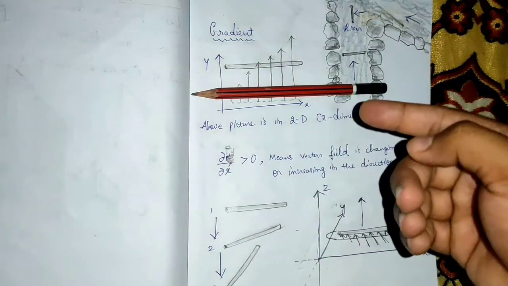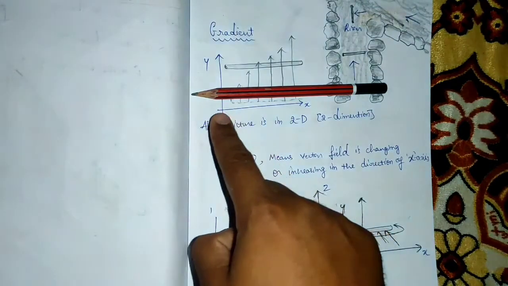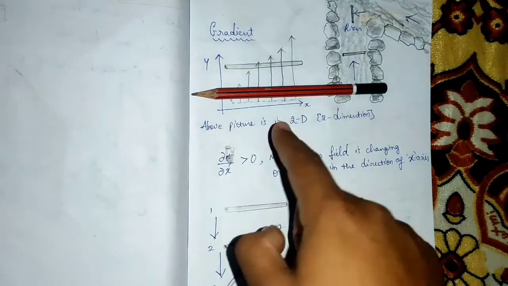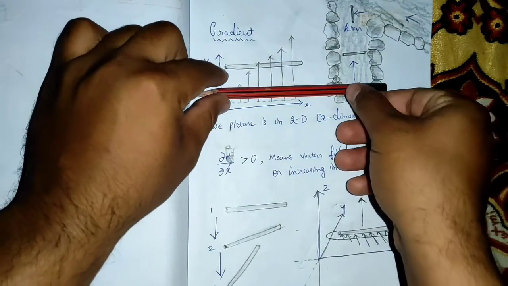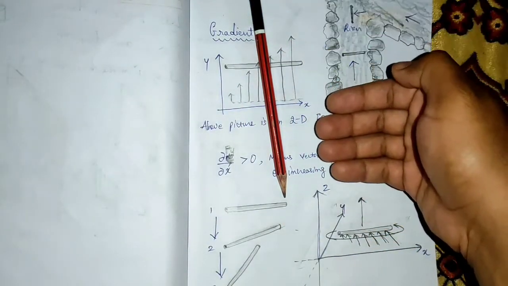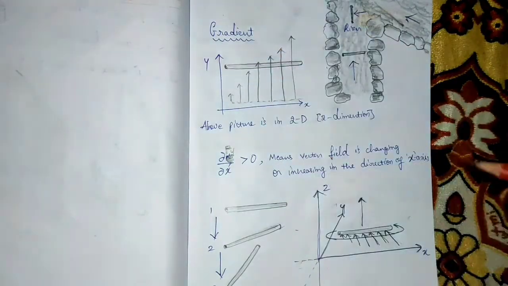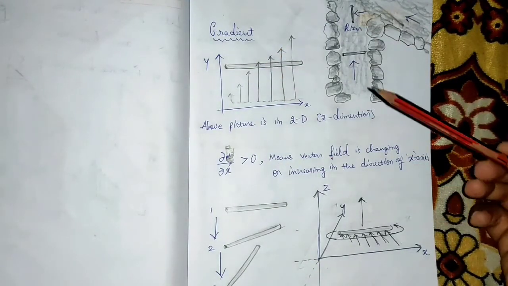The gradient already there along the x-axis will turn the stick like this, and the one more gradient along the y-axis will rotate the stick like this. That's what I've explained here.